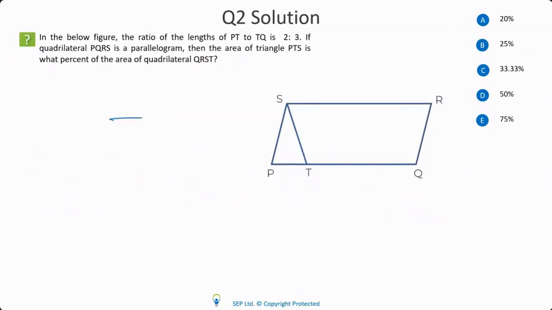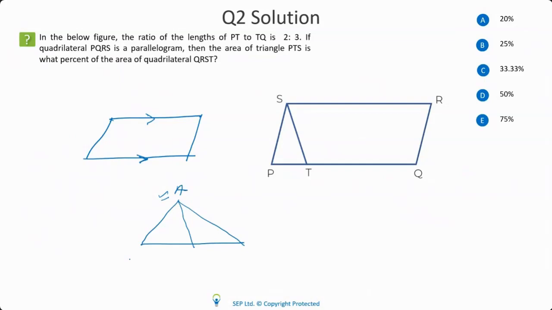One is the area property, which applies to a parallelogram and a triangle. The other property is of a normal triangle only. Let's talk about the second one first, because that's slightly difficult to understand. The first one is easy.